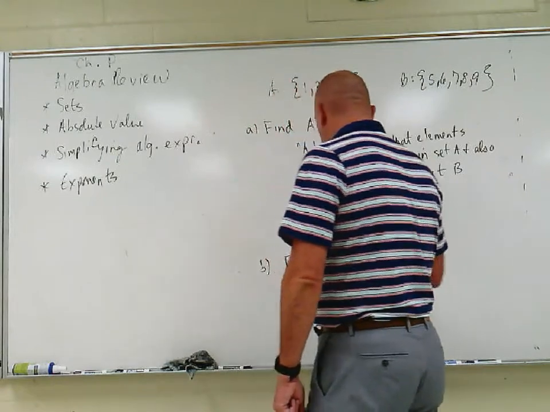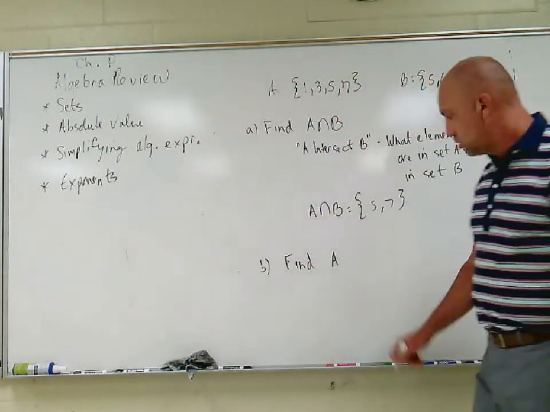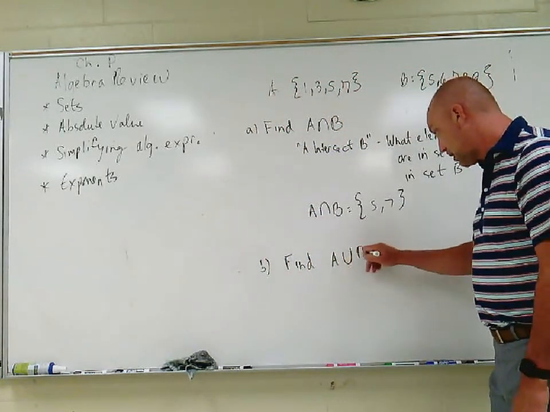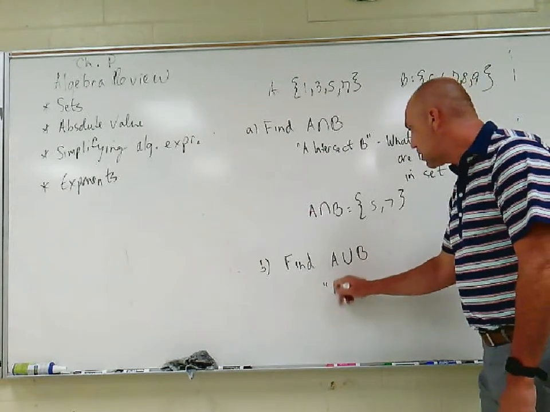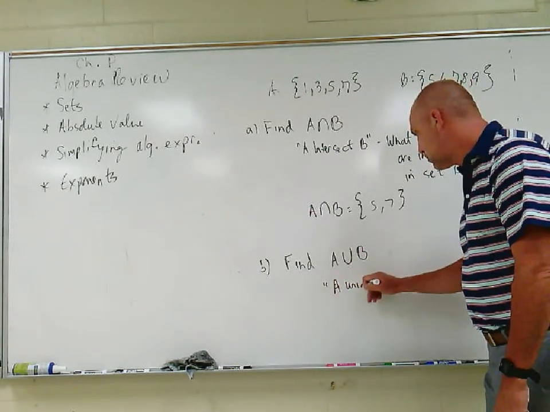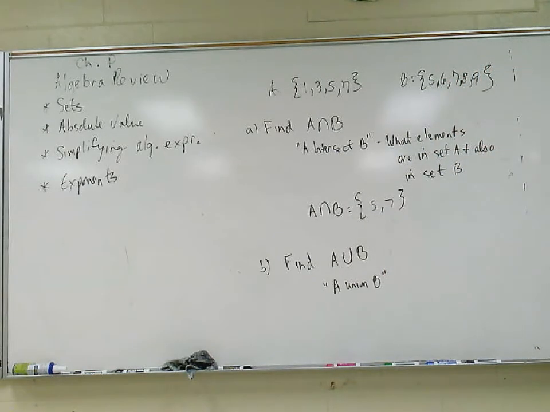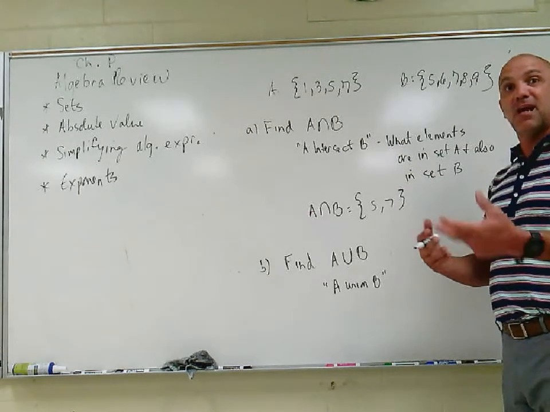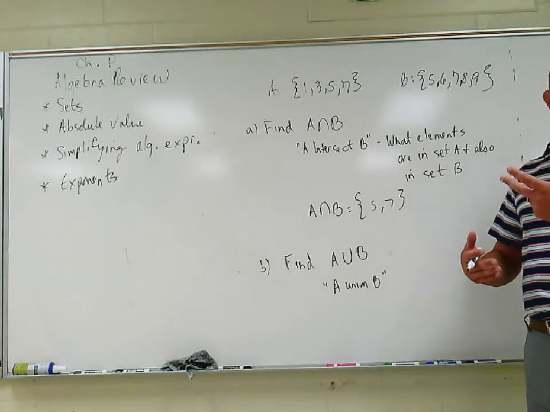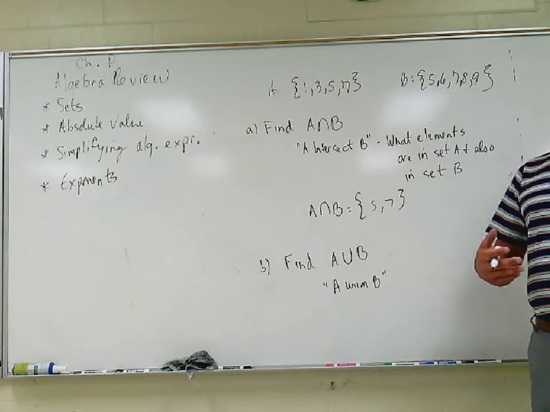And what's the other term? It's like a U. So this is read A union B. Now it's the elements that are in set A or in set B, so it can be in either one. The main word here is or.